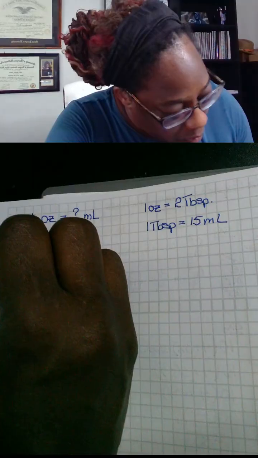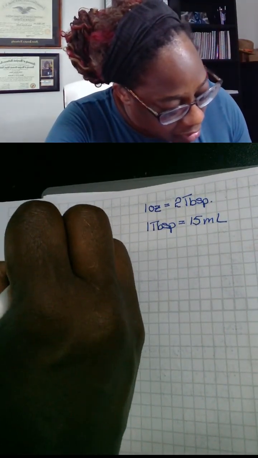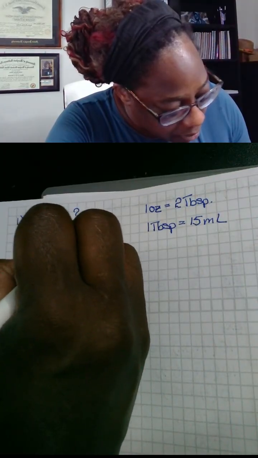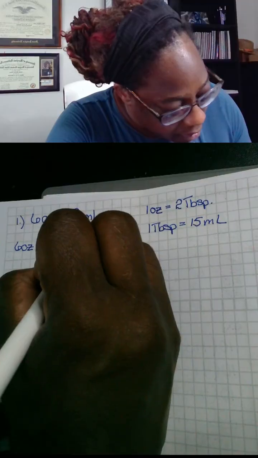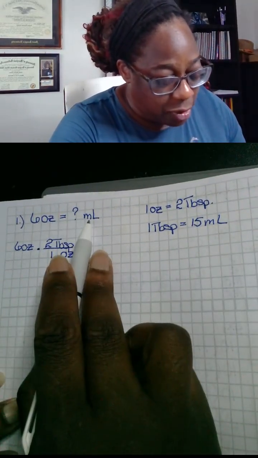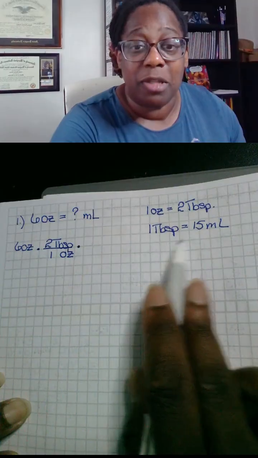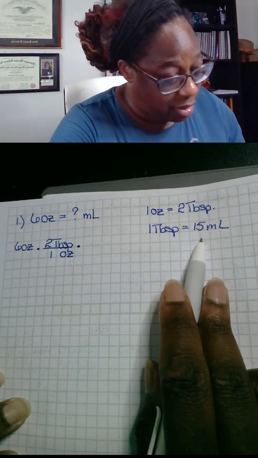We put that 1 ounce down in the denominator, then we have 2 tablespoons in the numerator. Now I don't want to know tablespoons, I want to know milliliters, but I know 1 tablespoon is 15 milliliters.